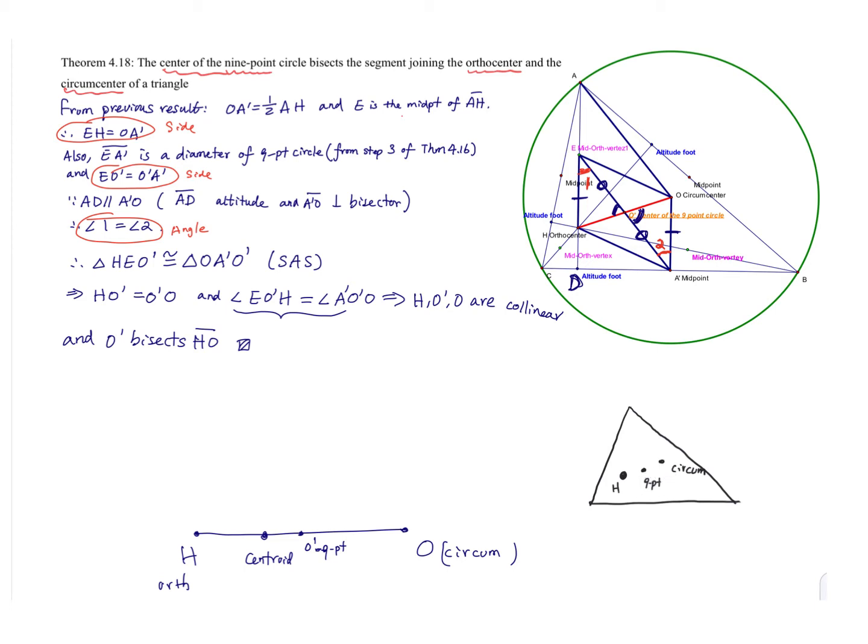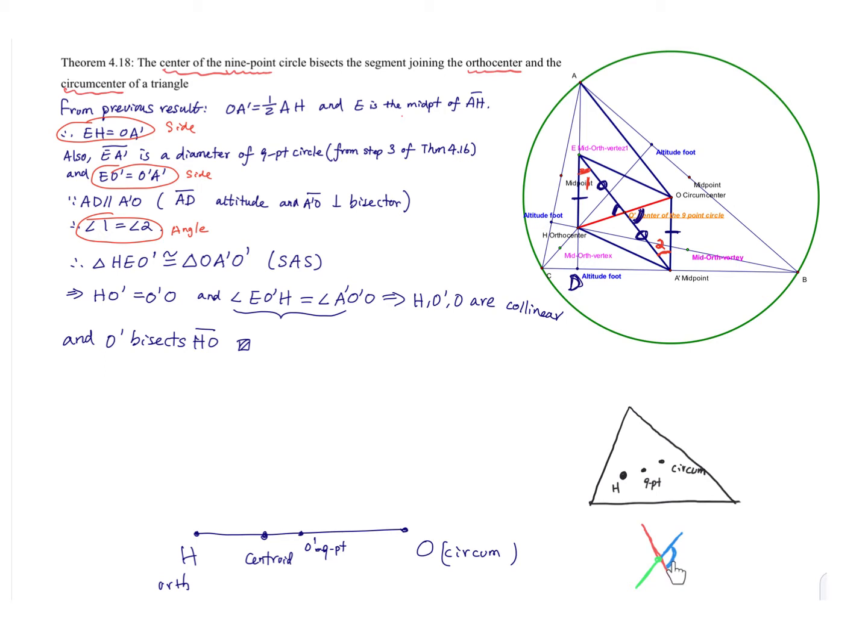And how do we show collinear? Quickly review that. Suppose you have a straight line, and you know that this angle equals this angle. This is a line segment, this is a line segment, and they share the same vertex.